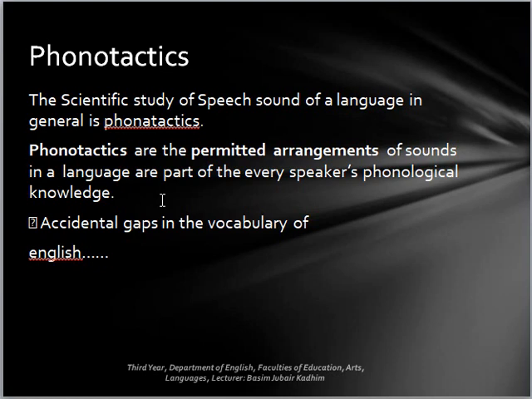Any language must have certain constraints, and these constraints are the rules of combining phonemes all together to yield meaningful units. This feature in language, if you remember, is one of the language properties called duality, the layering of two or more layers of language. And in terms of phonology, it is called phonotactics.